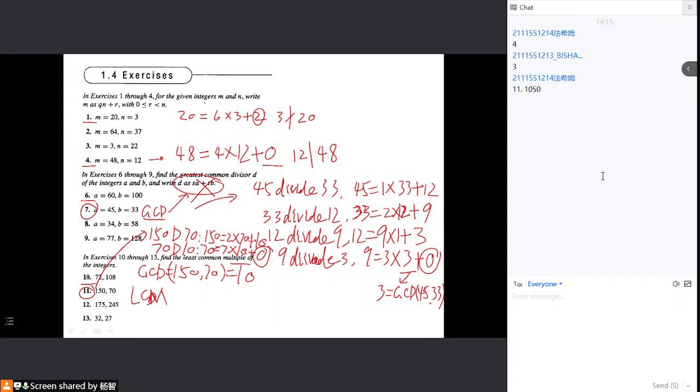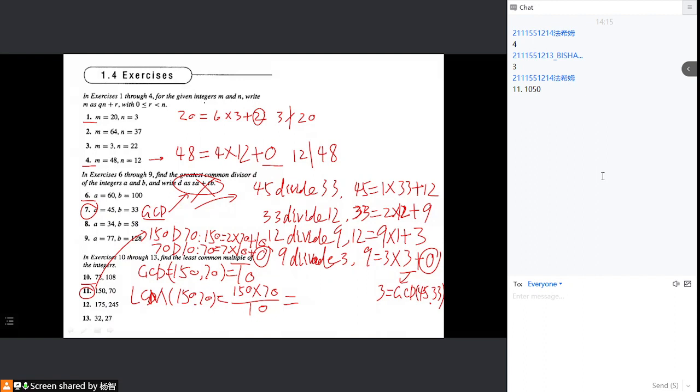Okay. So the LCM, it means the least common multiple, of 115 and 17 equals the product divided by the GCD.